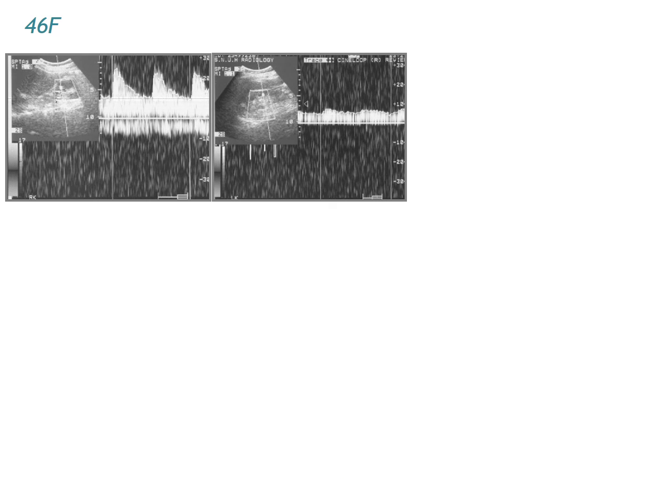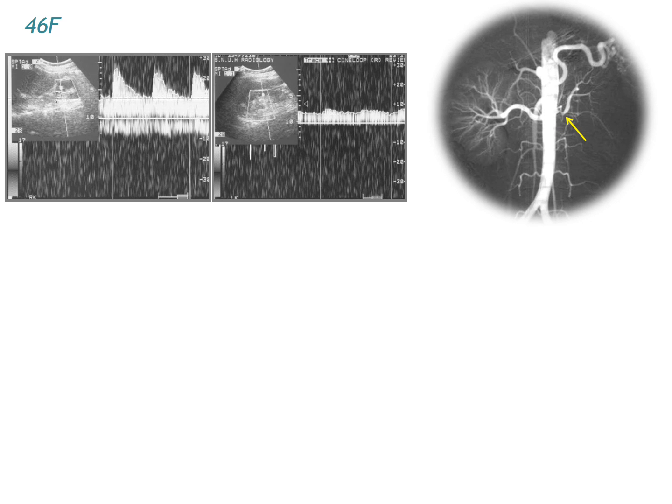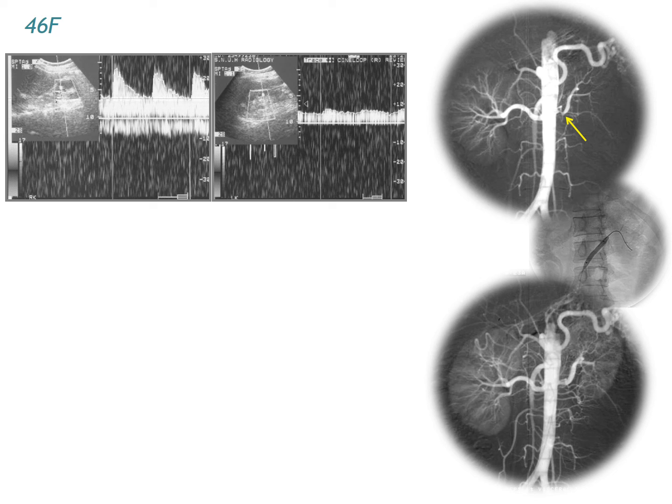Doppler ultrasound may be useful in follow-up of renal artery stenosis after treatment, and this is an example case. Initial Doppler ultrasound shows a severe pulsus, tardus, and parvus pattern on the left kidney, and angiography confirmed severe renal artery stenosis on the left kidney, and balloon angioplasty was done with marked improvement.